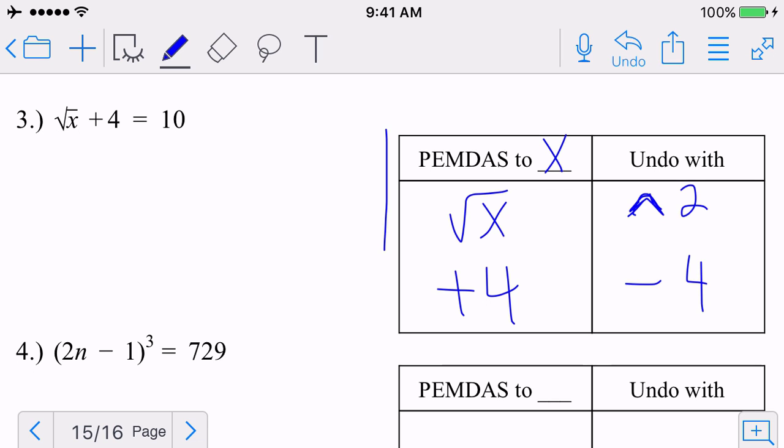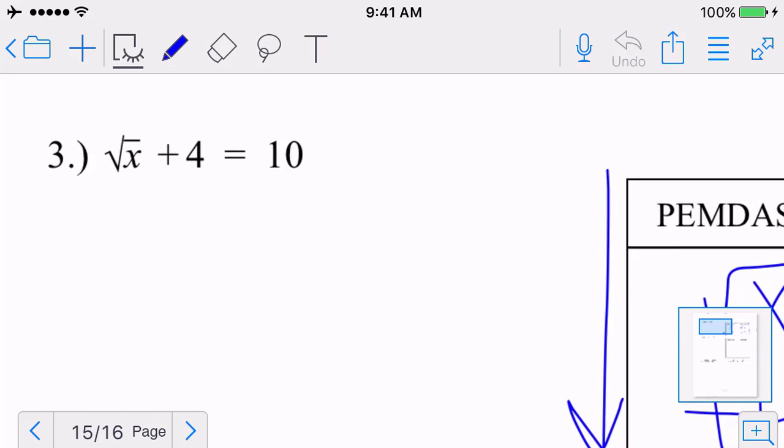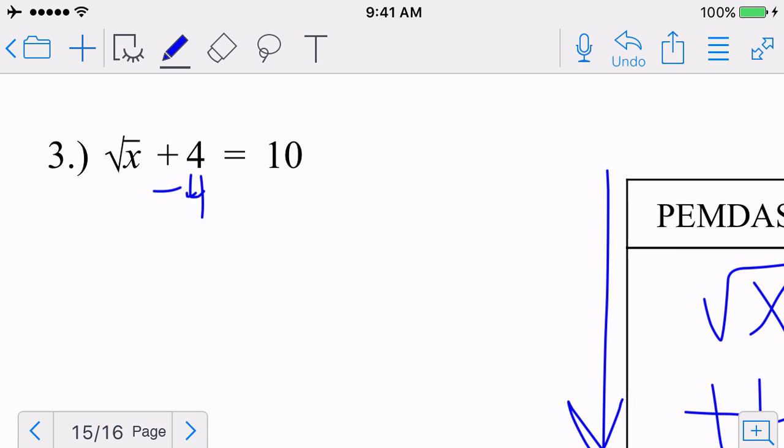So remember, we apply our operations this way, but then to solve, we go back upwards the other way. We go in the opposite order. So our first thing we have to do is subtract the 4, and then we're going to have to square both sides. So let's zoom in here. I need to subtract this 4 over first. That gets rid of that. And then I have the square root of x.